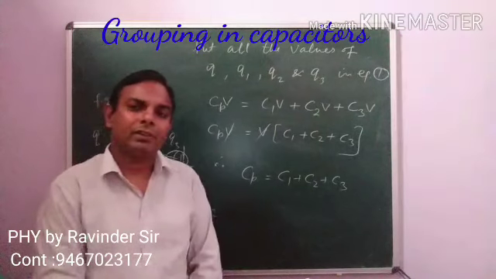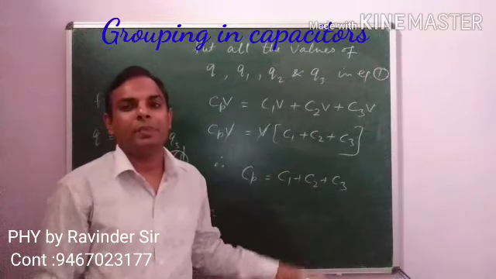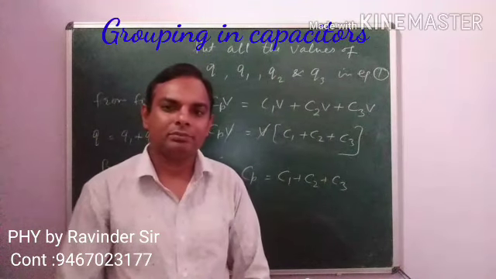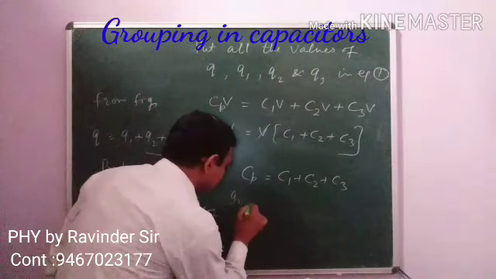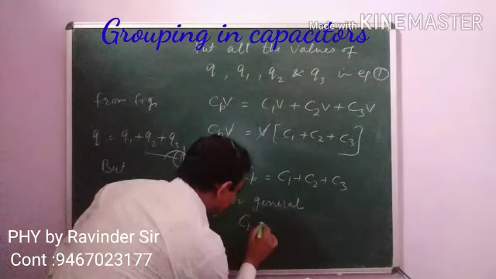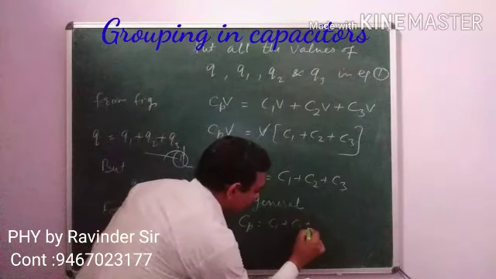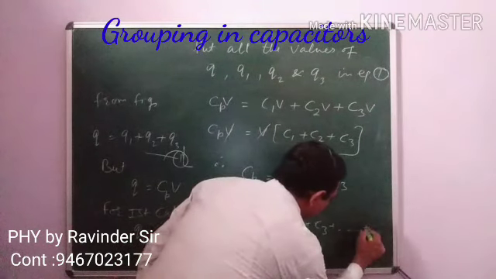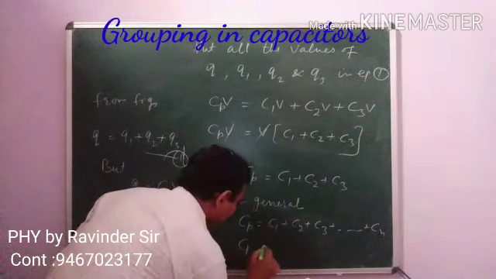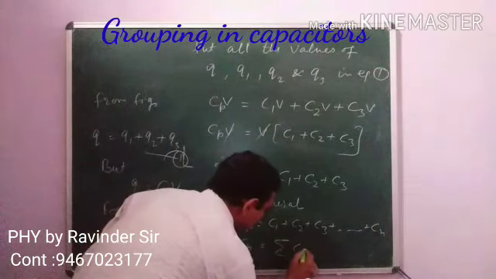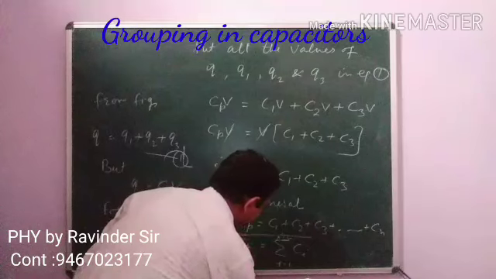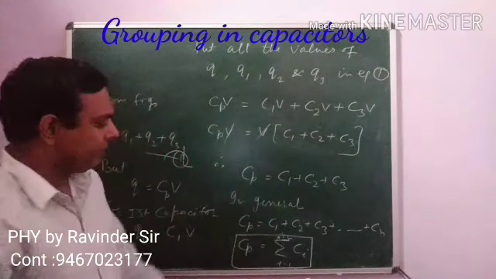Here we note that total capacitance increases in parallel combination. If we have a number of capacitors, then in general we can write C1 plus C2 plus C3 and so on, that is plus Cn, or summation Ci, i equal to 1 to i equal to n. This is in terms of summation.